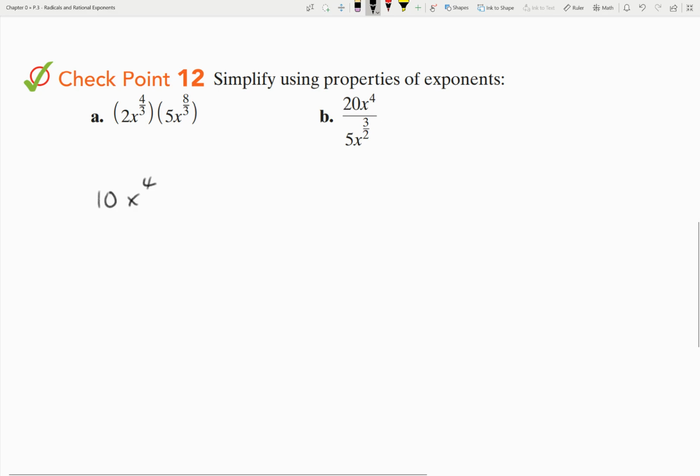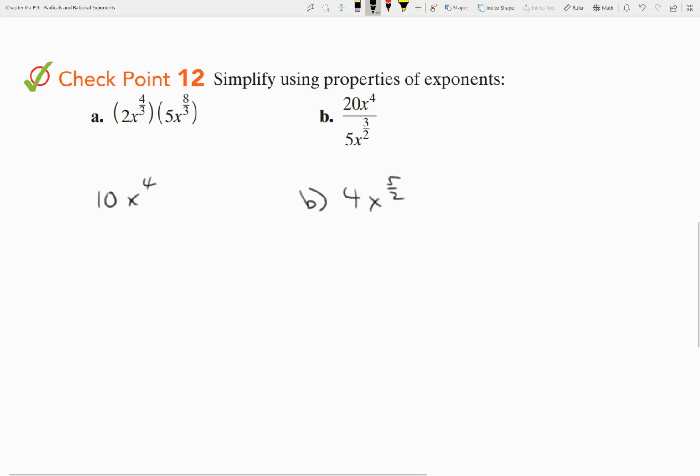And that's all there is to part A. So for part B, we would get 20 divided by 5, which is 4. 4 is bigger than 3 over 2, which is nice, which means my fraction does not need to get rationalized, and we wind up with 5 over 2. 4 minus 1.5 is 2.5.